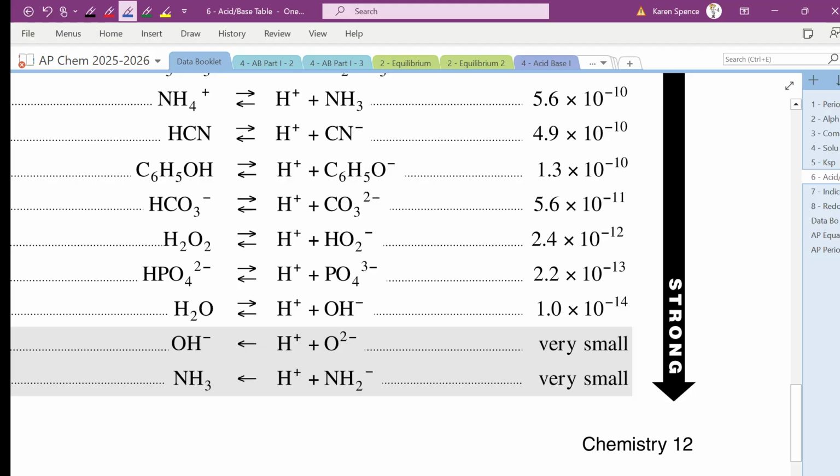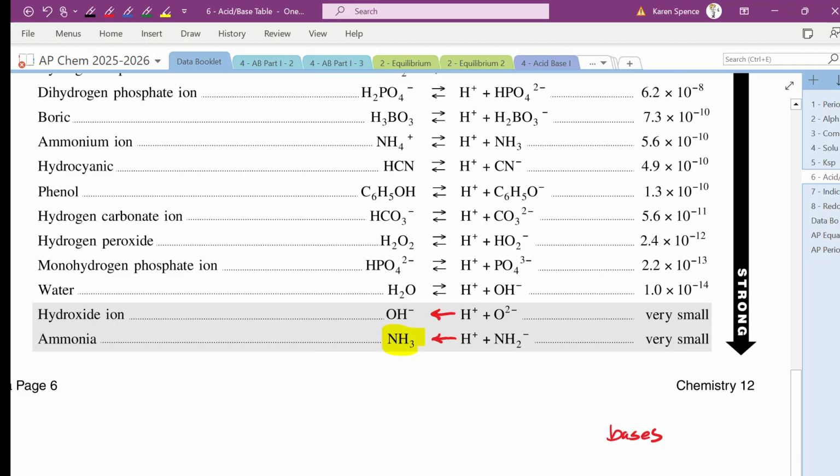Only the reverse reaction takes place. Sometimes there'll be a multiple choice question. It'll say, is NH3 a strong acid, a strong base, a weak acid, a weak base? And I'll get people saying, oh, it's a weak acid because here it is. It's on the acid side and it's really low down.